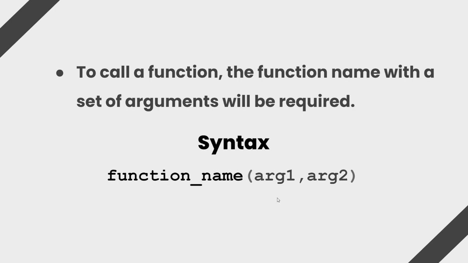Now, mind you, this bracket is always important when calling a function. If we were to call a function by just its name without this empty bracket, it's not going to work. You always need to have this parenthesis attached to the function name when you are trying to call a function.